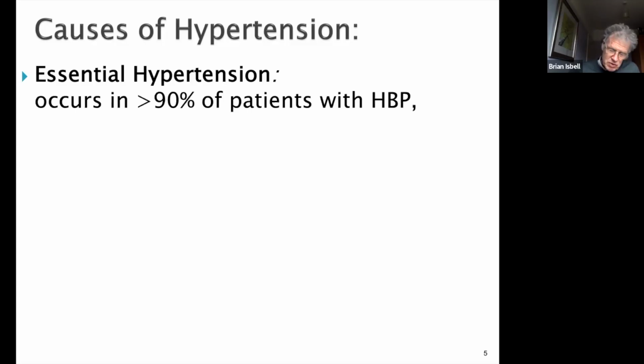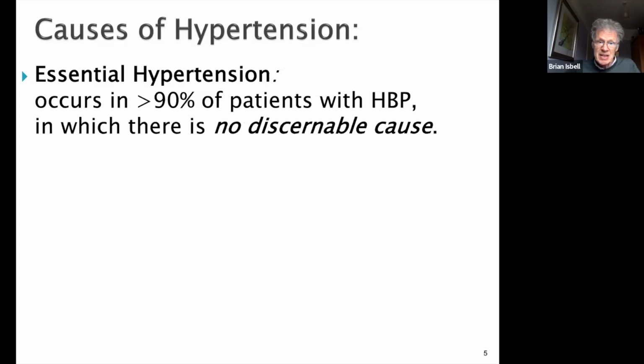So of those patients who have high blood pressure, over 90% of them have what is called essential hypertension. And what that means is we don't really know what's caused it. We really are unsure of what has caused the hypertension. Isn't it surprising that in over 90% of patients with high blood pressure, there's no particular reason?